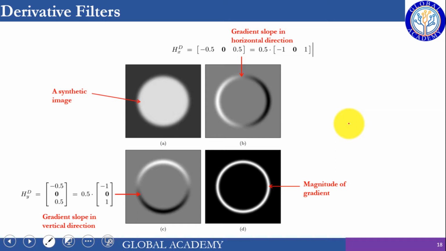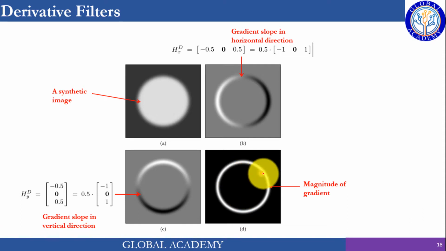A simple central difference kernel is used to compute the gradient along the x-axis and the gradient along the y-axis. Whereas the Sobel operator or Sobel kernel can produce promising results, and the magnitude of these two images shows a very good result.